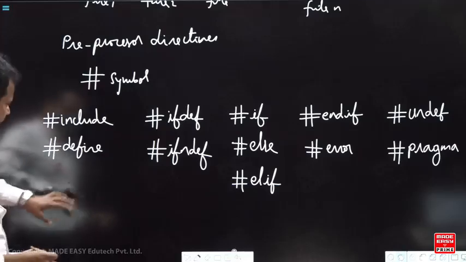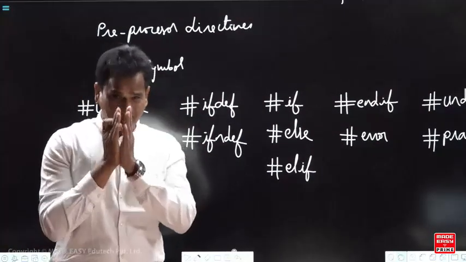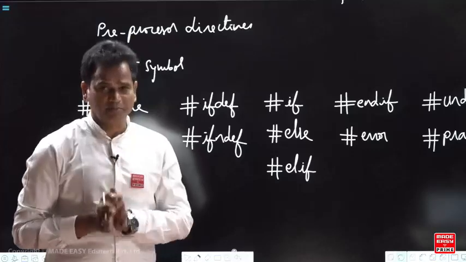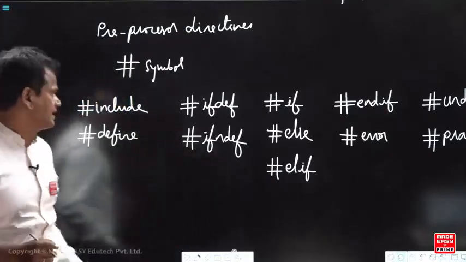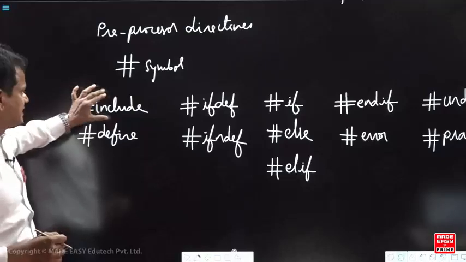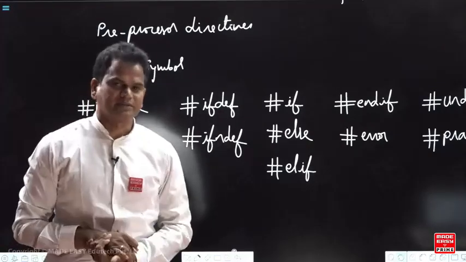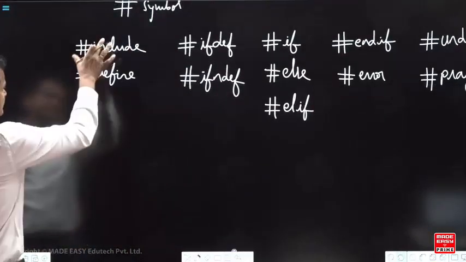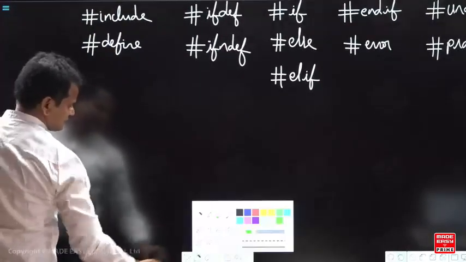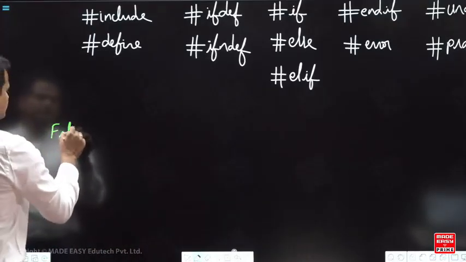Okay. Now, I repeat, whatever the statements we use in preprocessing, they are called preprocessor directives. They begin with hash symbol. Hash include is used for file inclusion.